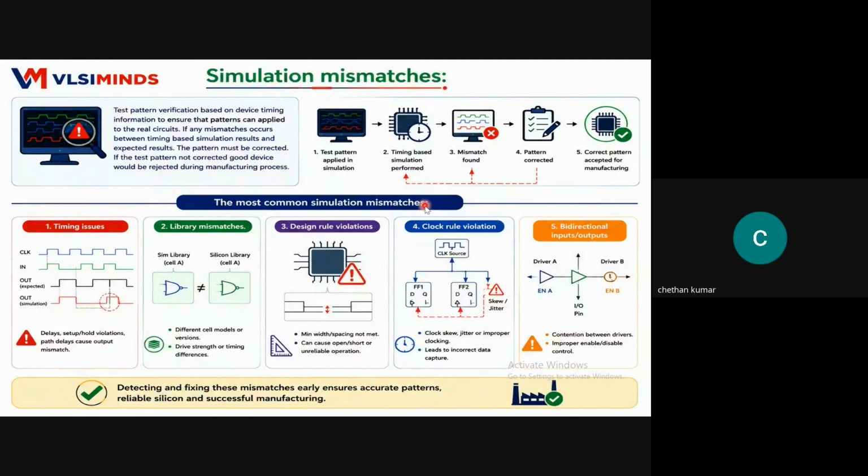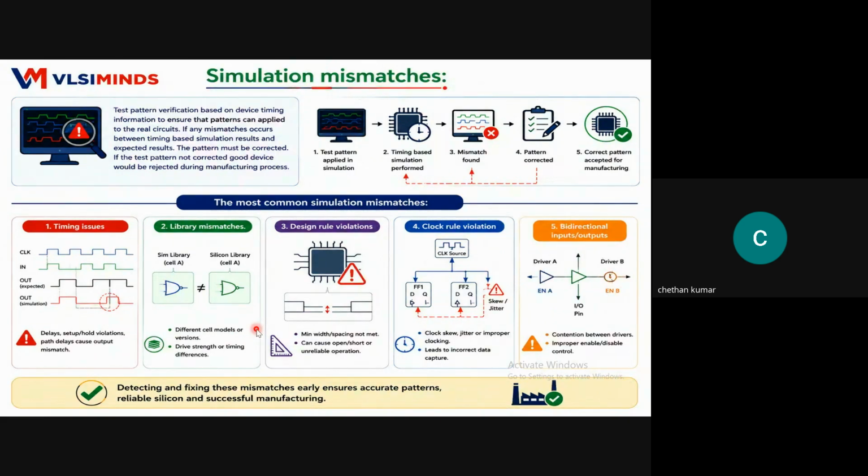Okay. That may occur because of many issues. It may be timing issues. For example, if we have some delays, setup and hold violations may occur. All of these are related to timing violations. And library mismatches.